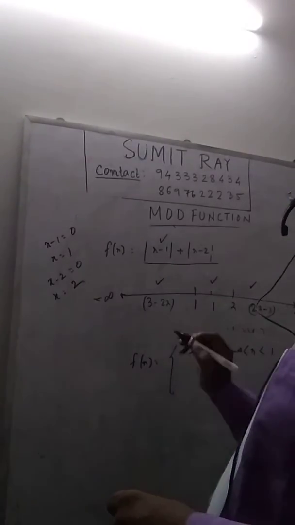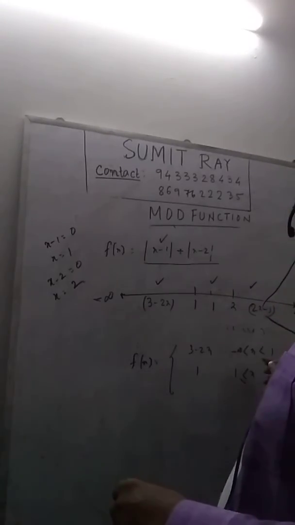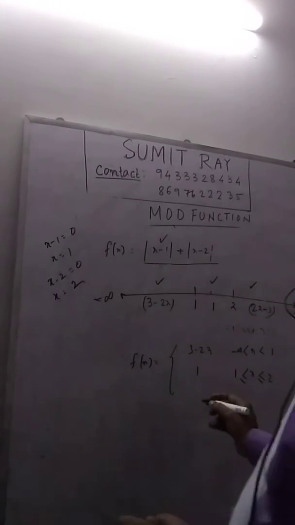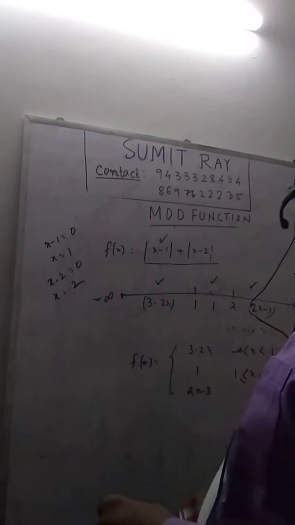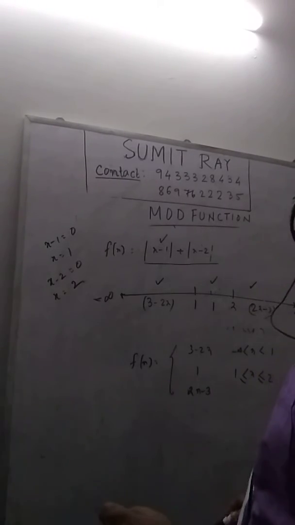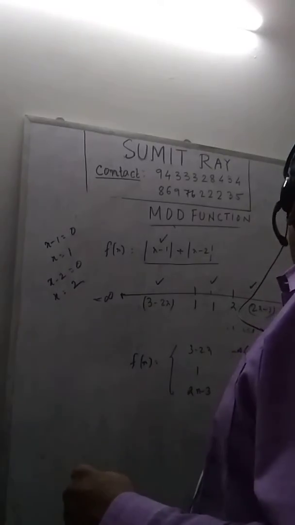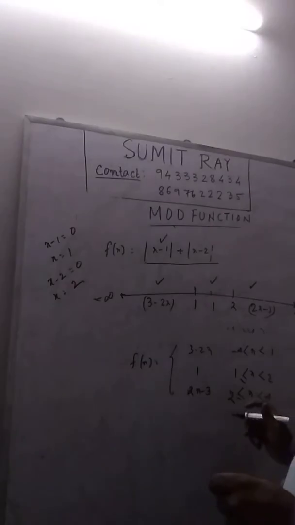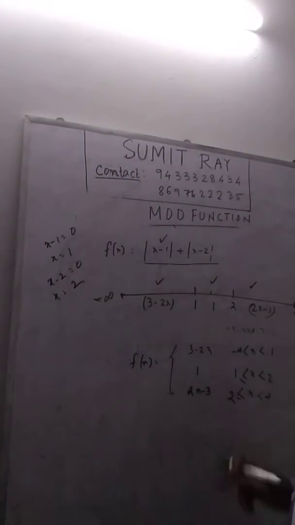This is equal to 1 if x is more than or equal to 1 and less than 2. f of x is equal to 2x minus 3 if x is more than or equal to 2 and less than infinity. Put the value over here, you can understand this.